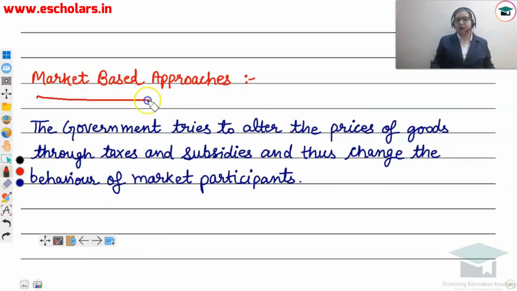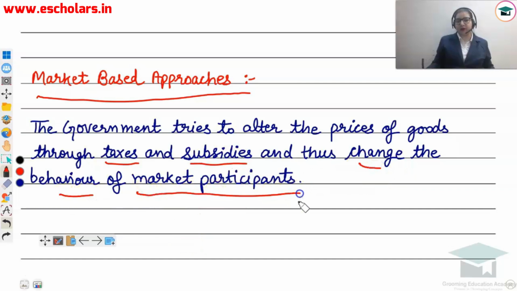Now we have market-based approaches. So as already discussed, under market-based approaches, the government uses the tax and subsidy policy in order to change the behavior of market participants who are creating the negative externalities. So let's recall it, market-based approaches.